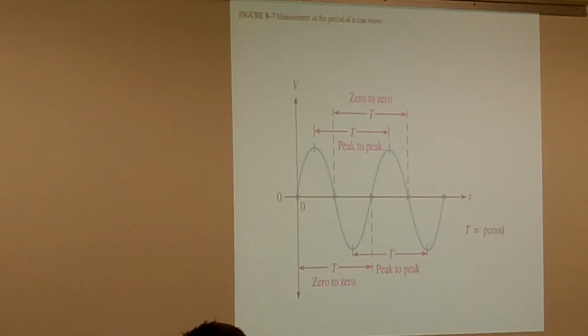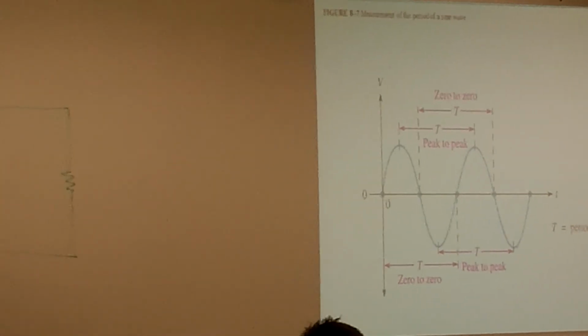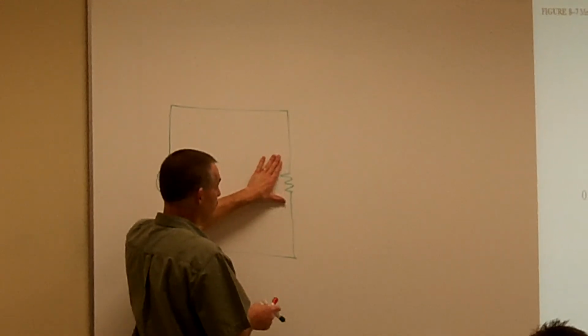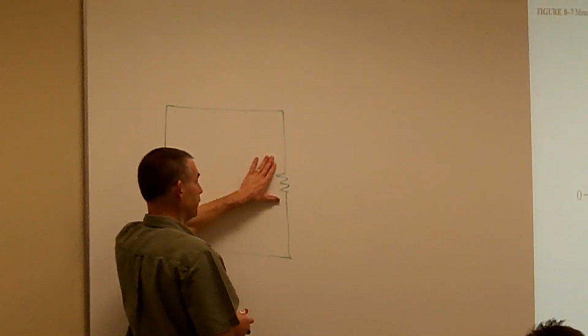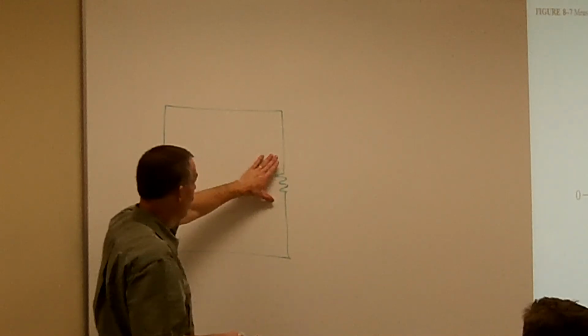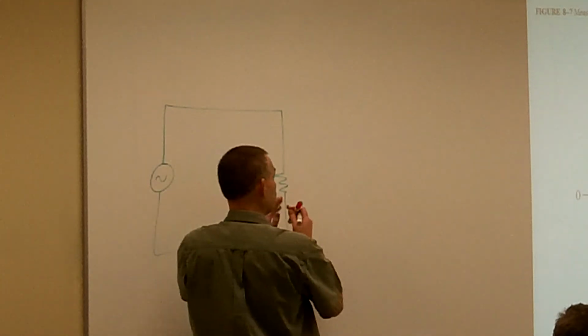So here I have my power plant that's coming into my wall outlet, and we'll simulate it as a function generator. Just like we were doing in DC, this resistor here is just representing some type of load. This could be a toaster oven, a light bulb, your TV, or something. It's just representing some type of load.